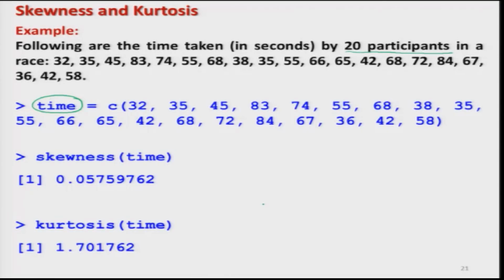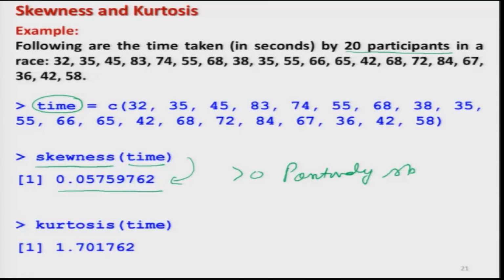After this we simply have to use the command skewness, and inside the argument give the data vector, and this is giving us the value 0.05759762. So, this is indicating that the skewness is greater than 0, so the frequency curve in this case is positively skewed.